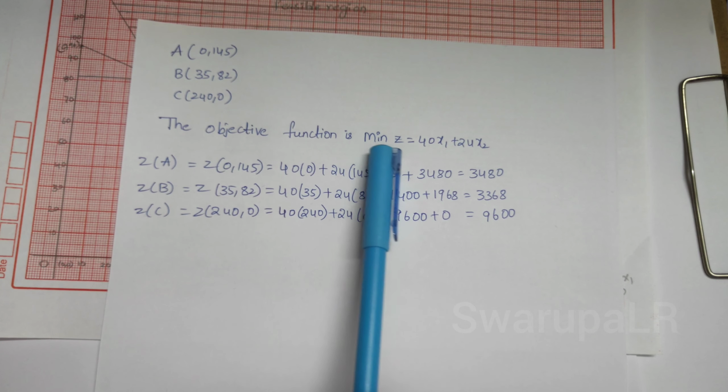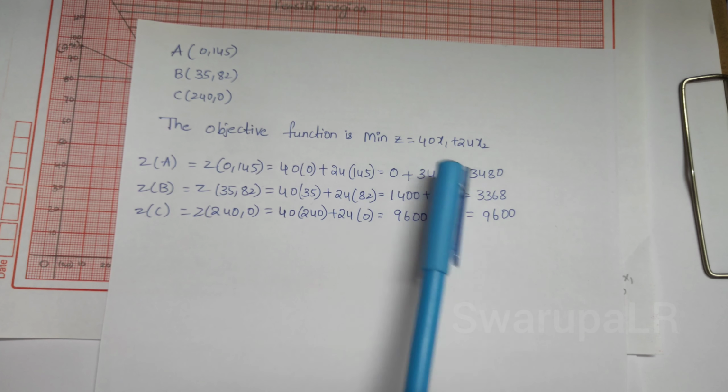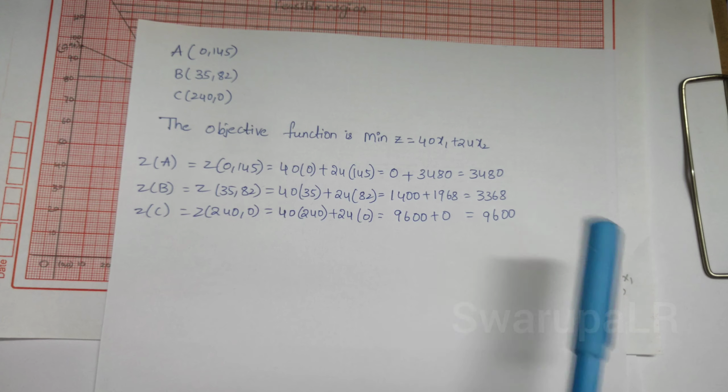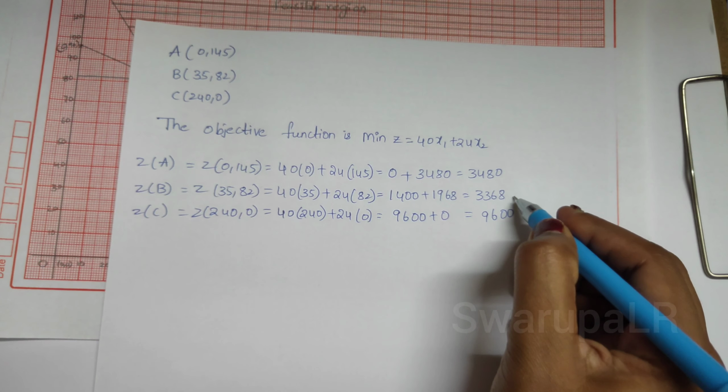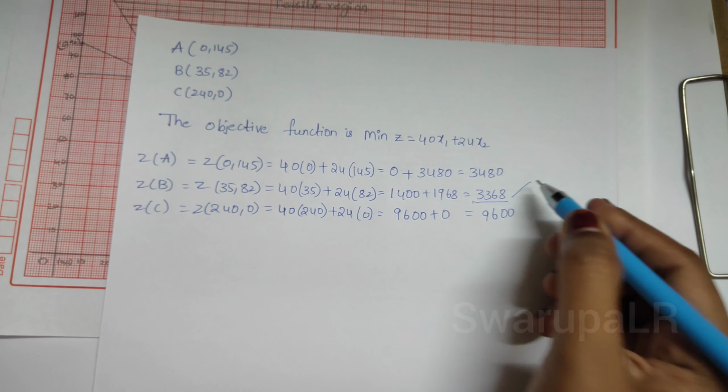Here the objective function is in minimization, so we have to find the least value among these. In this, the least value is 3368.